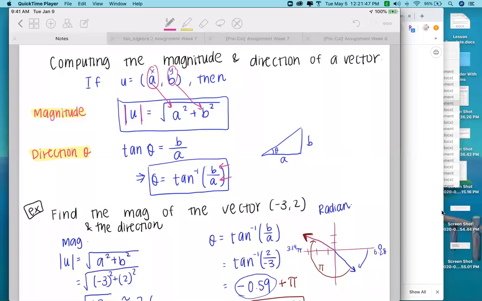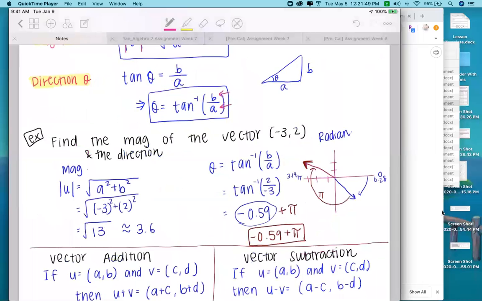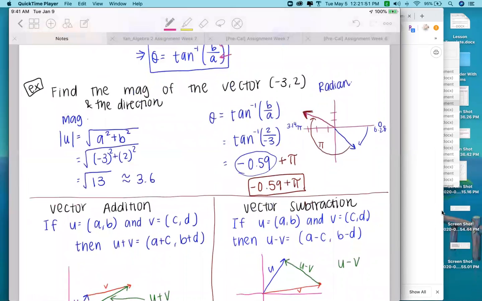I also showed you some examples down here, which is find the magnitude and direction. I'm going to have you try to do it right now. Follow exactly what I have in this example, and then do number 2 and number 4 for your homework. Let me open up a new page.